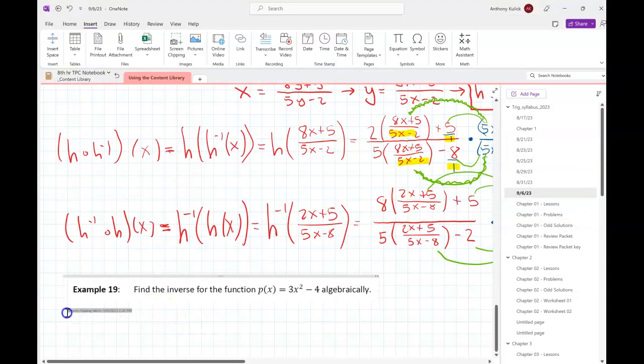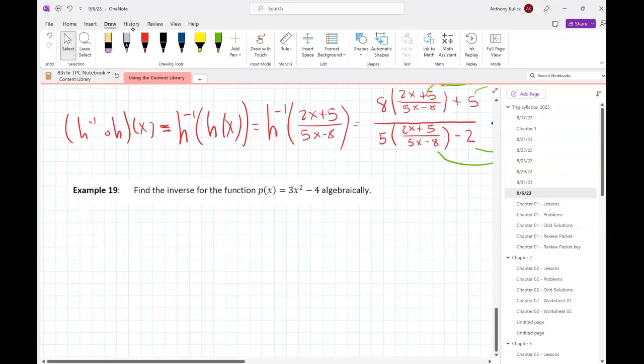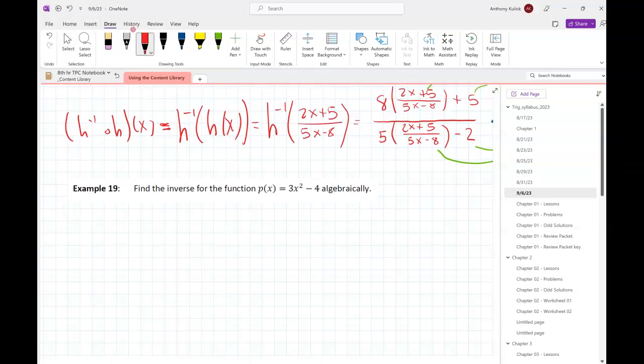So again, all the examples we're going to do today, the exact same skill over and over and over again. The only thing that's changing is the function type. So we're finding the inverse. First step is to replace the function notation with y equals.